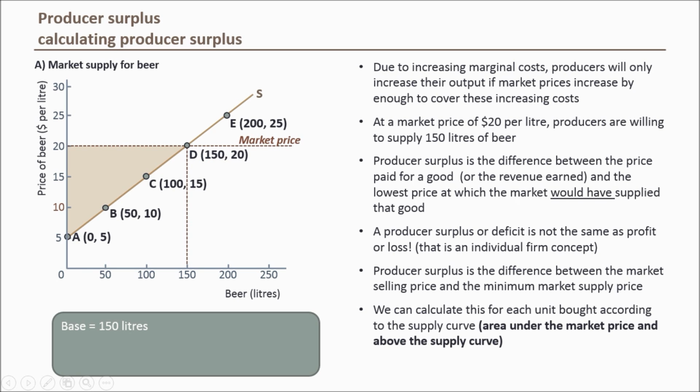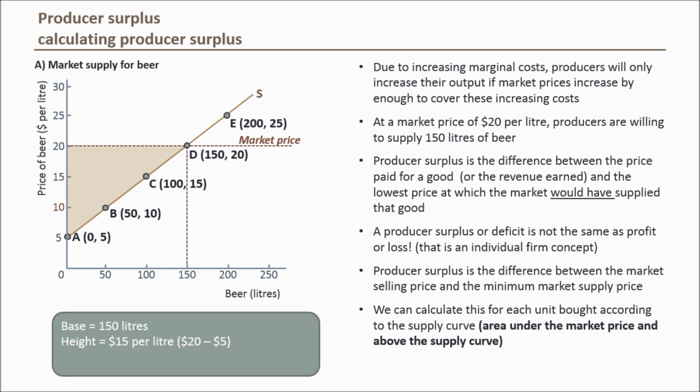To calculate the height of the triangle, we simply take the $20 price level and subtract the price level where the supply curve intersects the y-axis. So the height of the triangle is equal to $20 minus $5, which is equal to $15 per litre. Therefore, in order to calculate the area of the triangle, we simply need to multiply 150 litres of beer by half the height of the triangle, which is $15 per litre.